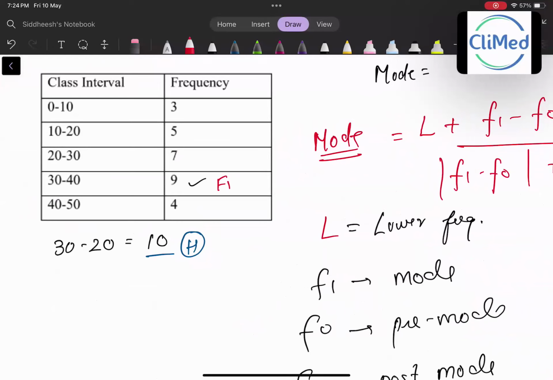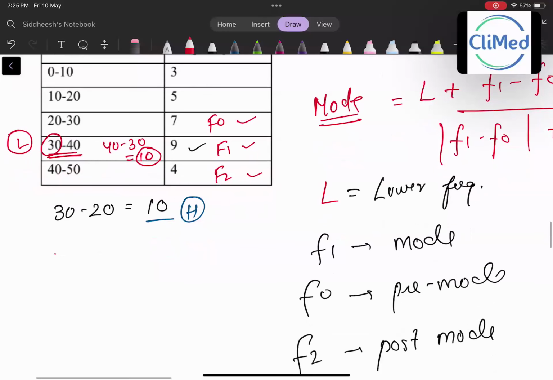The pre-mode is 7. The post mode is 4. What about the L value? This is the range, 30 is your L. What about your width? 40 minus 30 is equal to 10. This is your H. This is your L, and these are your F1, F0, and F2.